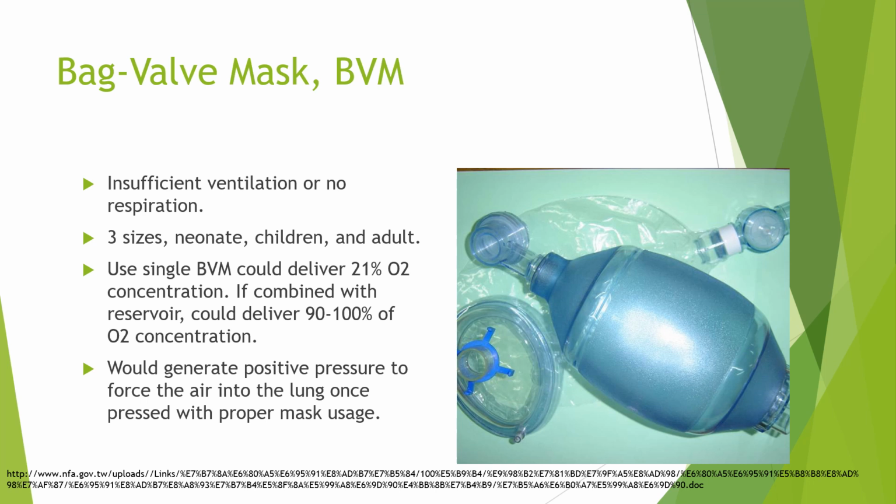But if combined with a reservoir, it can deliver 90 to 100% oxygen. It can also generate positive pressure to force air into the lung. If you use the mask properly, it provides positive ventilation, helps with the patient's breathing, and also opens the lung.